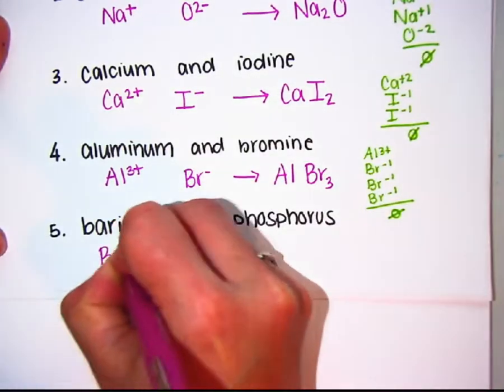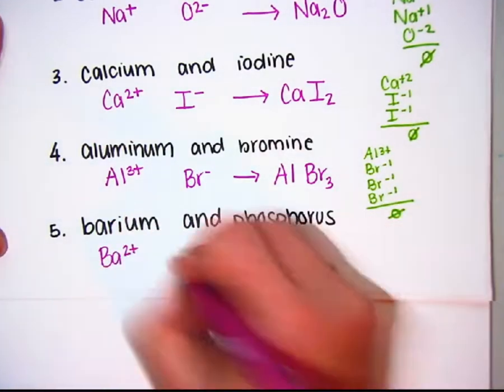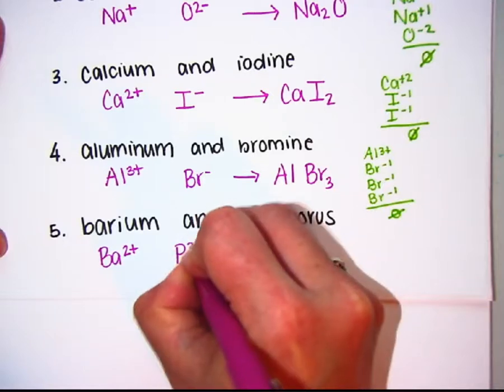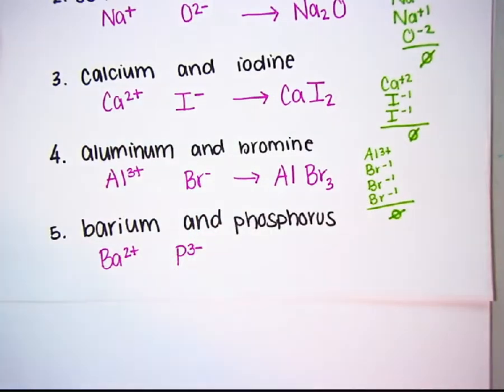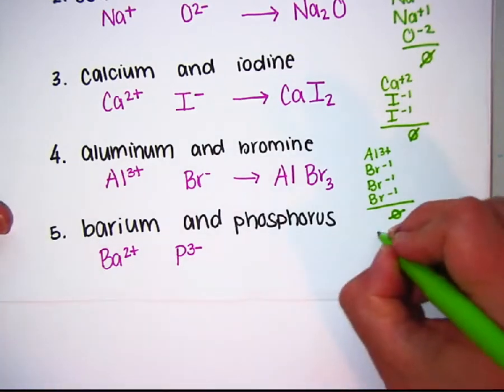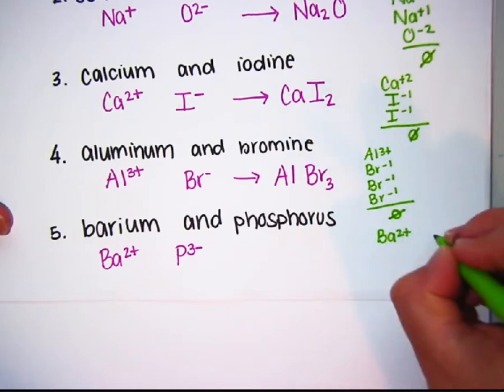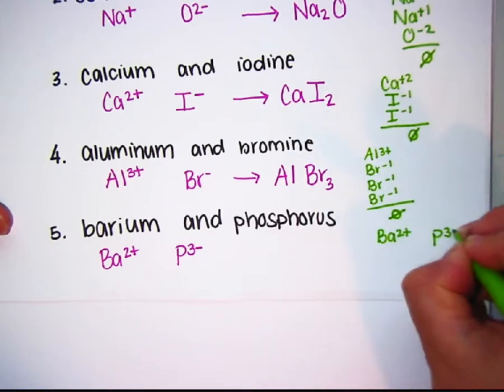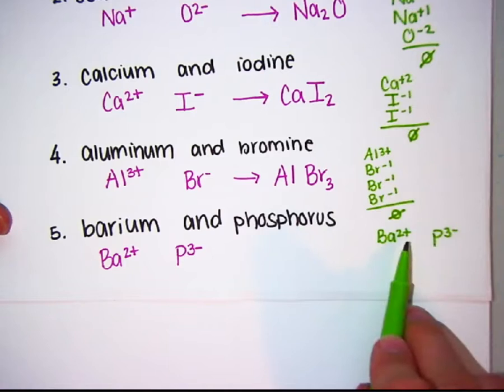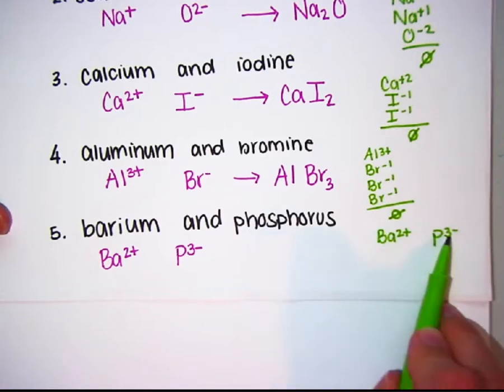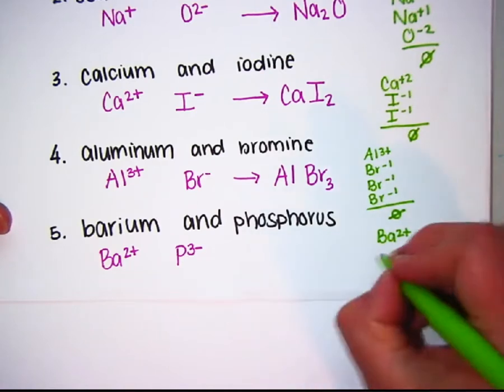Barium would have a charge of +2. Phosphorus has a charge of 3 minus. We need our compound to be neutral. So right now, if I have 1 barium and 1 phosphorus, I'm not neutral. 2 minus 3 gives me a -1.